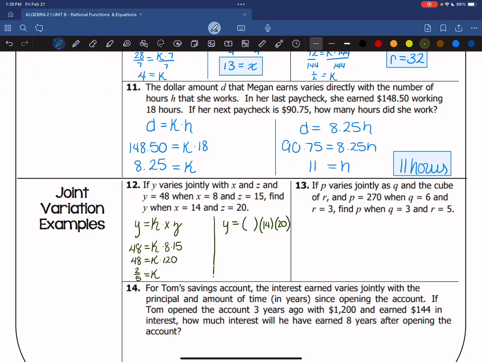So our k value is 2/5. Then with your handy-dandy calculator, you'll be able to evaluate this and see what is the product of 2/5, 14, and 20. That is 112. There we go.